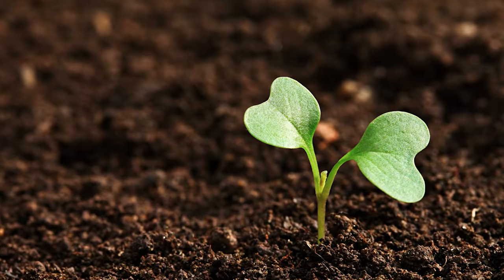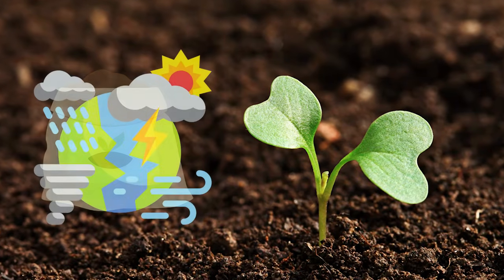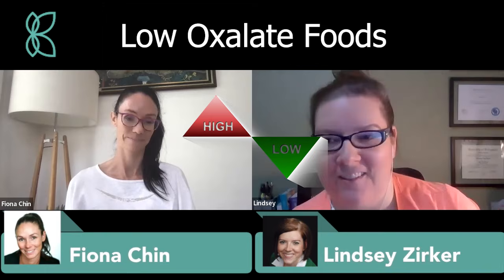oxalate data is really kind of sketchy. There's a couple of reasons for this. Oxalate amounts in the same type of food can be different based on a lot of different environmental factors, like the type of soil, the level of ripeness when it was picked, the weather conditions, but also the testing method of the oxalates can vary. So you might see on one oxalate list that a food is high, and then on another one it's low, and then it just gets really frustrating.